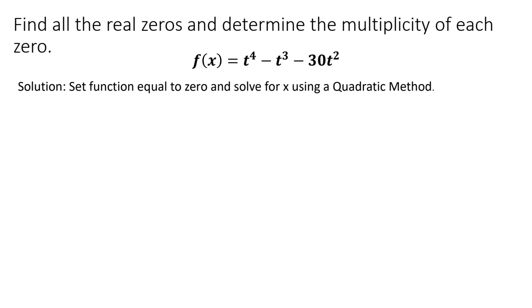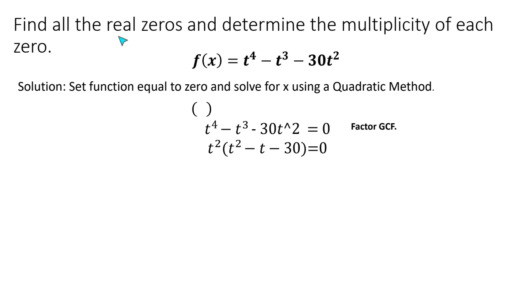Okay, so one way here is we can set the function equal to 0. Anytime they're asking to find the zeros, that should be our first step: set the equation equal to 0. Then ask yourself, can I factor anything out from my polynomial?